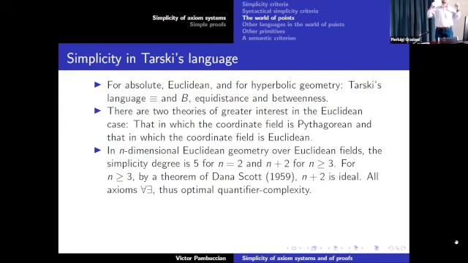You can't express dimension in less than that if your language has just points. Yeah? So for n greater or equal than 3, the stuff we get in Tarski's language is absolutely optimal.